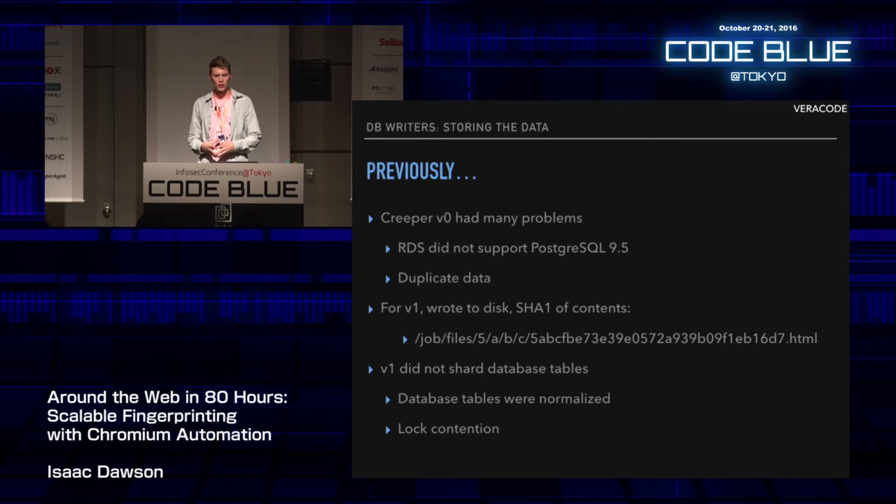Another issue with V1 was I didn't shard my database tables, which means that my tables were really big. I'm talking 180 million rows for response headers and about 83 million rows for responses. My database tables were normalized, which I'll explain in a moment. It just means I had very large tables that I had to do selects from, as well as inserts into, so my write throughput was pretty bad.